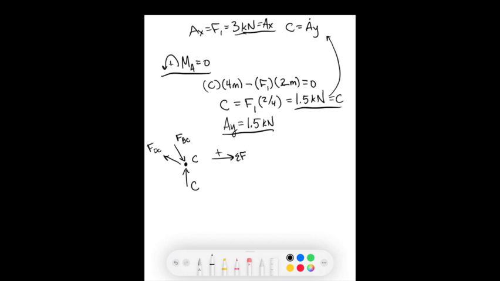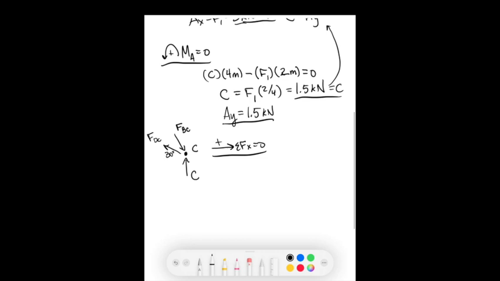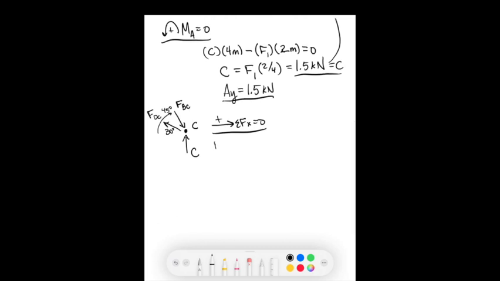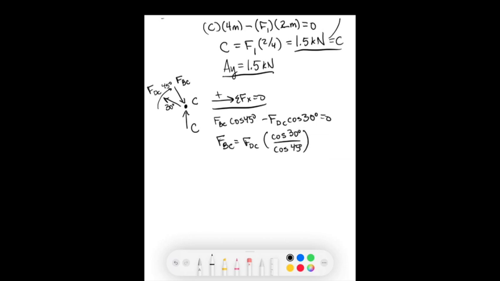So start with our forces in the x direction. This angle here is 30 degrees, and this angle here is 45 degrees. Looking in the x direction, we have the x component of BC and the x component of DC. We still are unable to solve for that, so we can move on to the y direction.